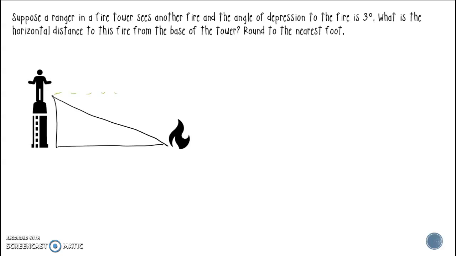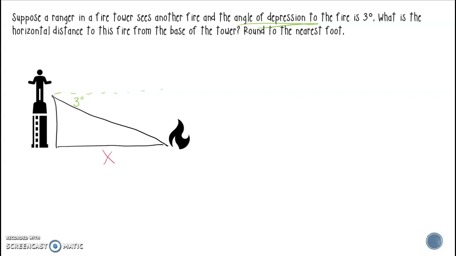So I'm going to draw this horizontal line because the angle of depression is 3 degrees. I need to know the horizontal distance to this fire from the base of the tower. So the horizontal distance here, I label as an x.